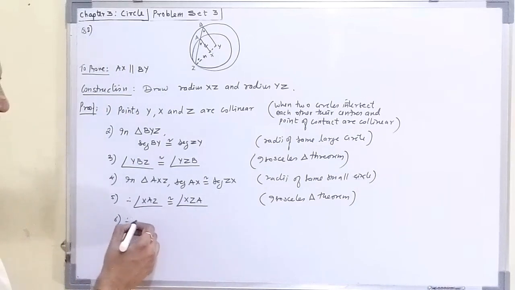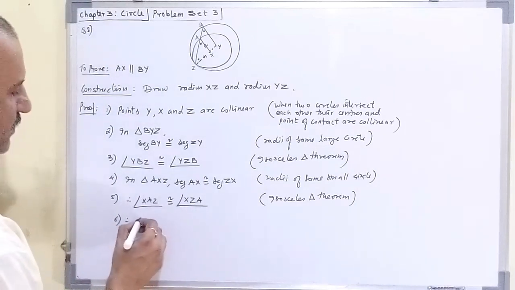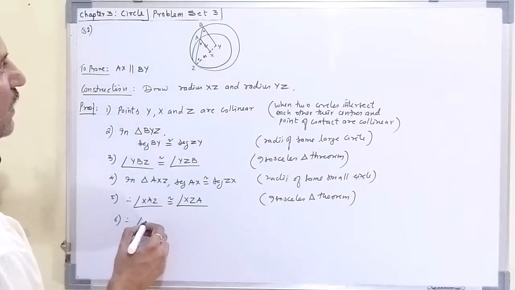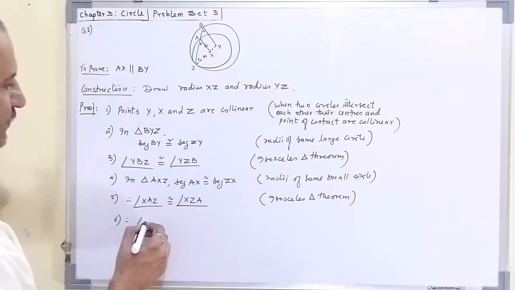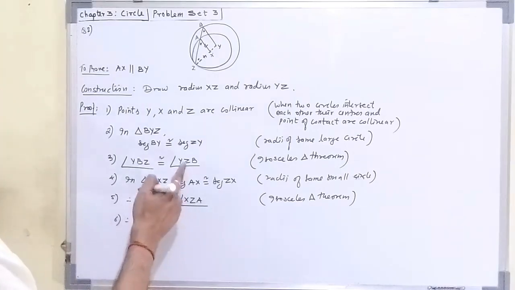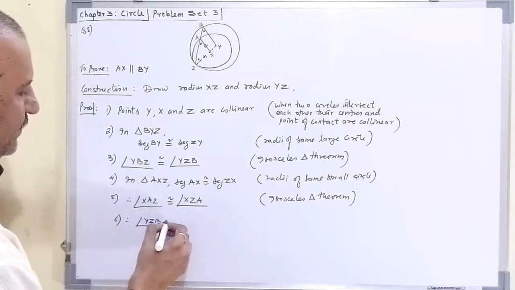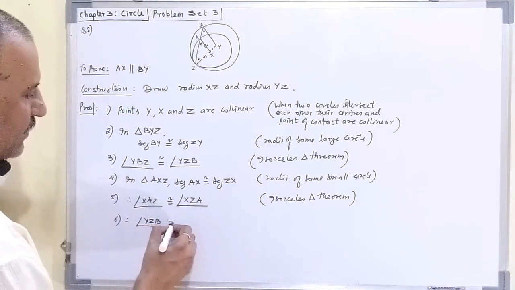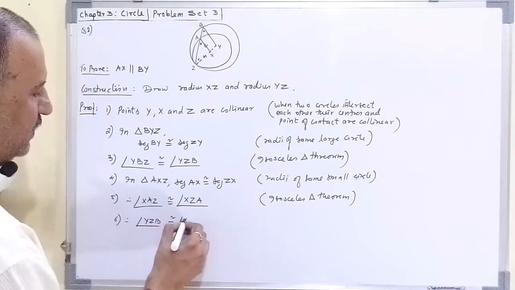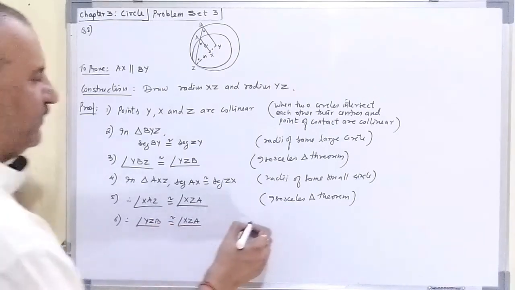Segment number 6. ये लो, angle YZB congruent to angle XZE.